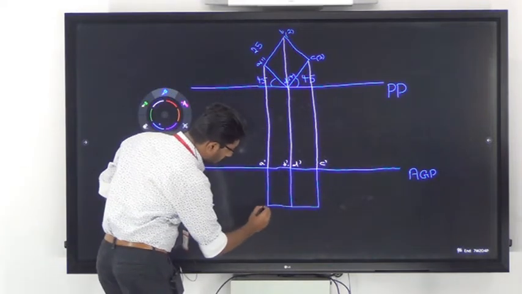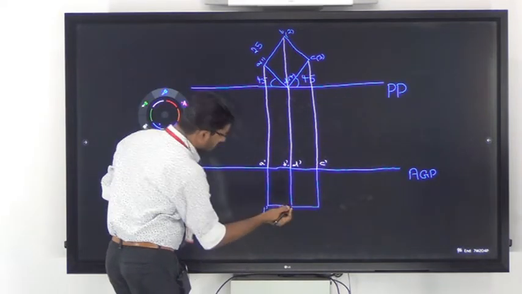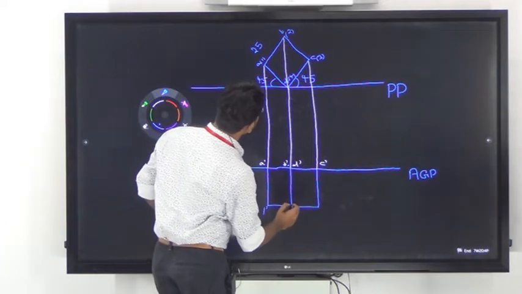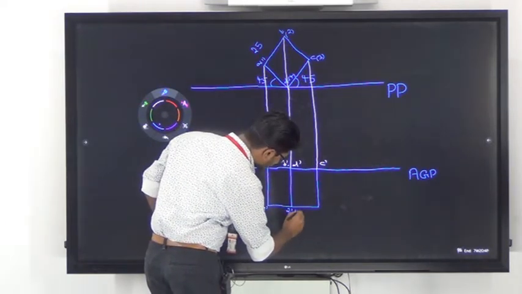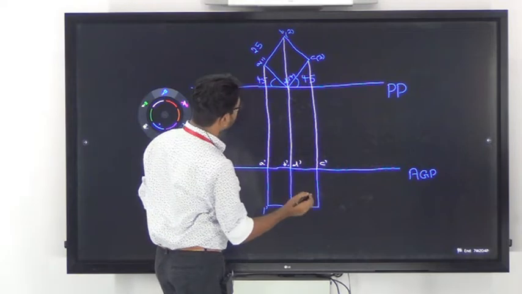So here we got the point 1 dash, here we got the points 2 dash and 4 dash, and here we got the point 3 dash.